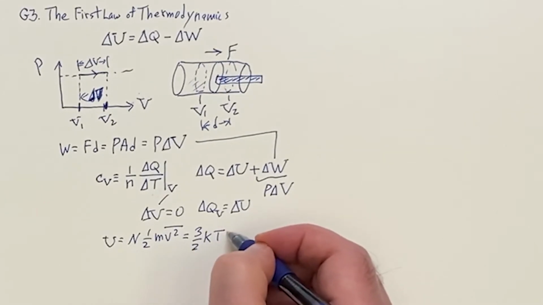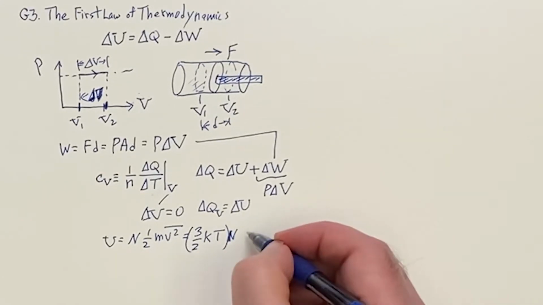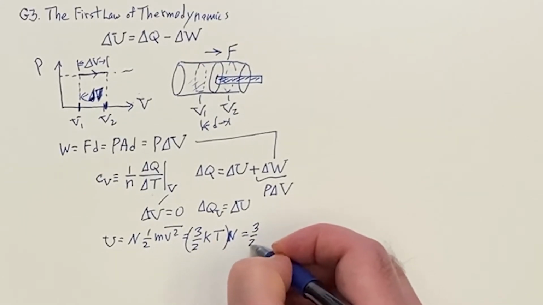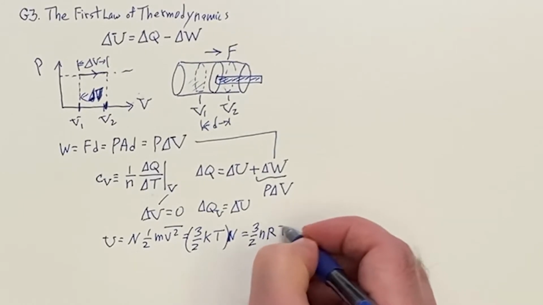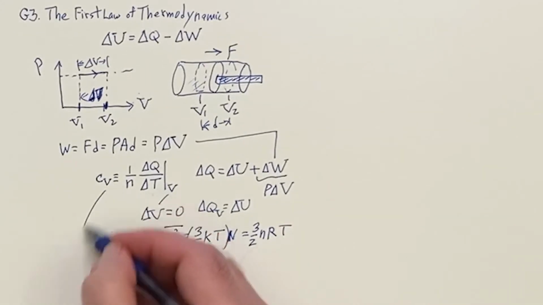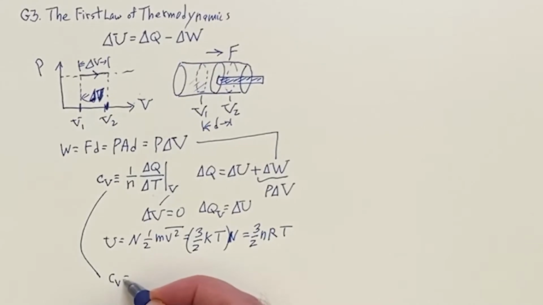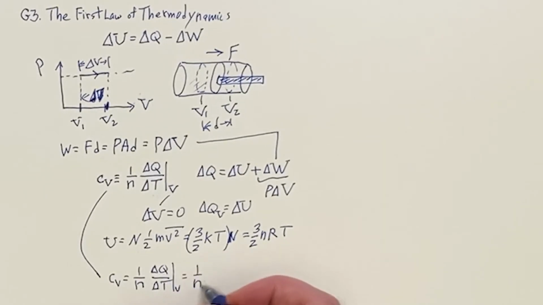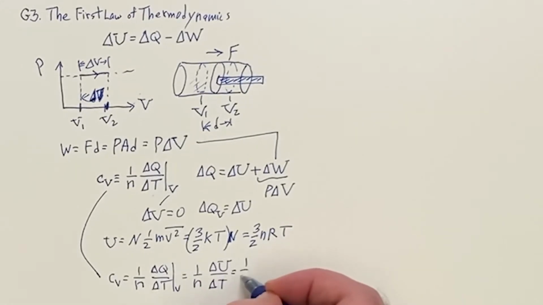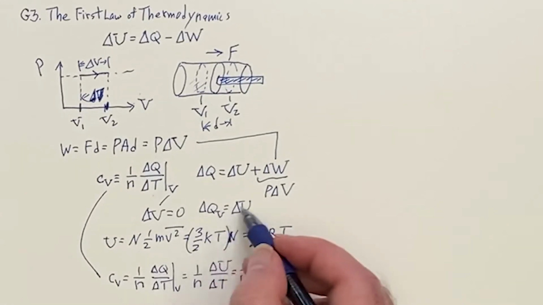N is in there. It can be written also as 3/2 nRT. So this definition would be 1 over the number of moles. And here I want delta Q over delta T at constant V, which is going to be the delta U over delta T, since the equality here.